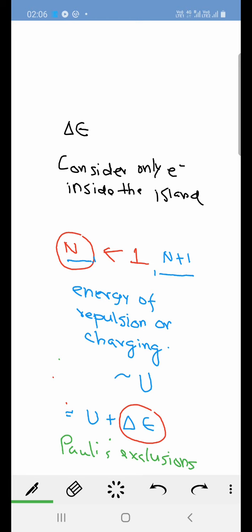So now this U and delta epsilon that we have understood, their values also depend upon the size of the island. For example, if the island has short dimensions, delta epsilon will be larger.